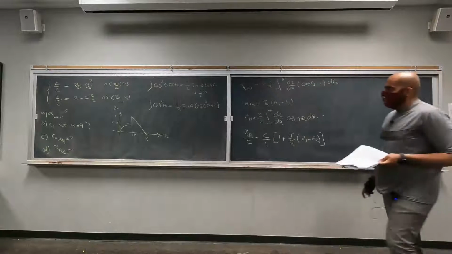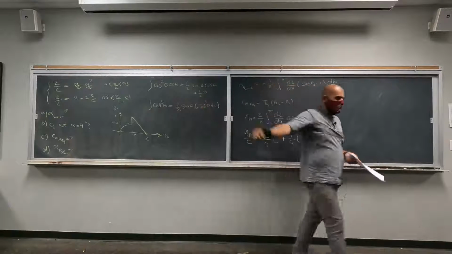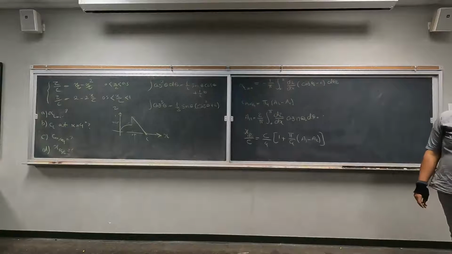I've given you a couple of integrals just to make sure you can quickly take the integrals. You don't have to know this beforehand. You can put them in an equation sheet or whatever.